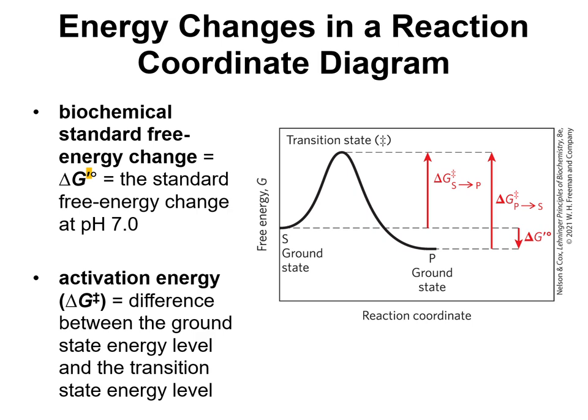The activation energy, that's the difference between the ground state energy level and the transition state energy level. So what I just highlighted, that is the activation energy to go from the substrate to the product.